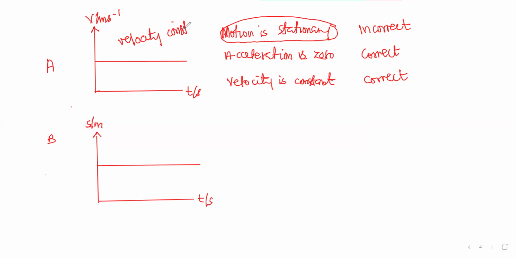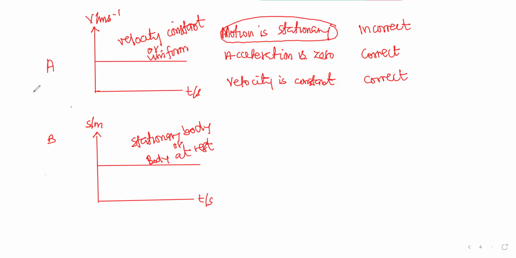And then B is a graph of a stationary body or body at rest. Are we okay? Yes, sir.